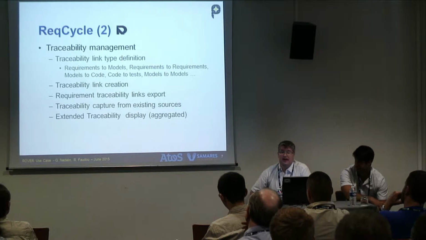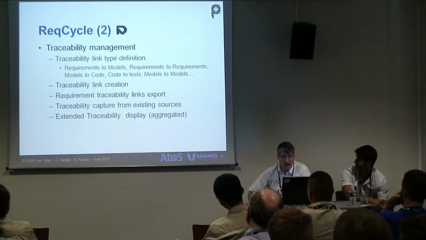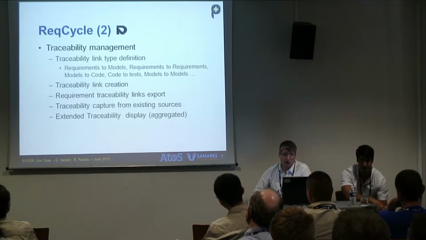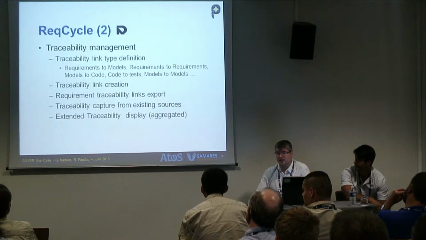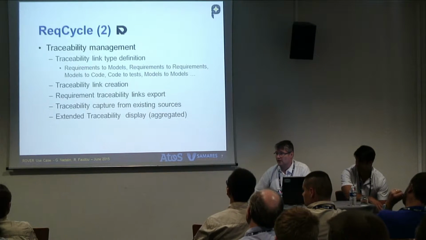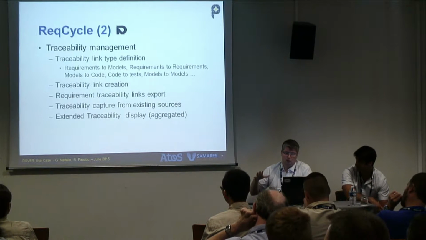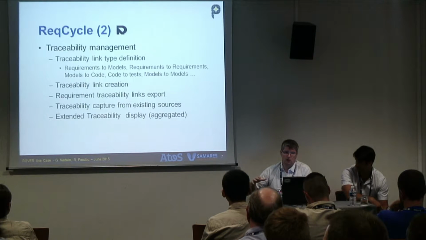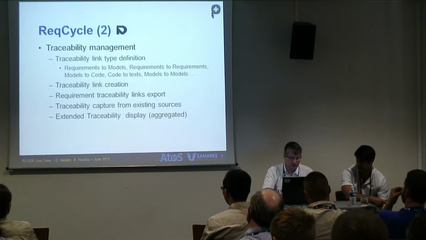Then I can create links that conform to those link types, and ReqCycle allows capturing existing link types coming from different sources. For instance, in SysML, we have satisfy or allocate, and we can capture them. After the capture, ReqCycle can aggregate the traceability to get the extended traceability.